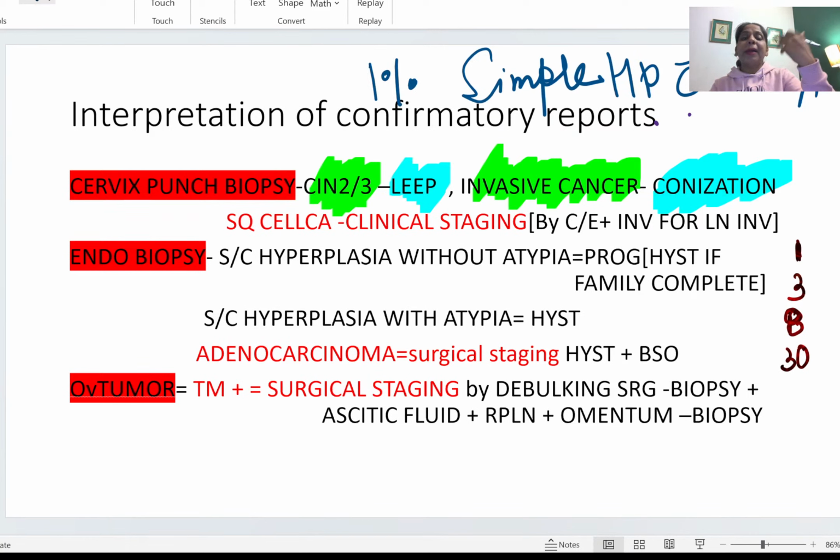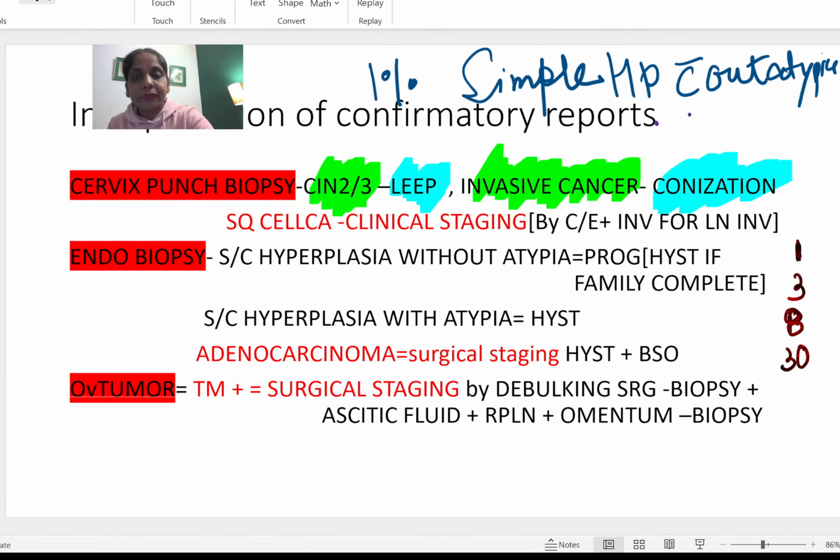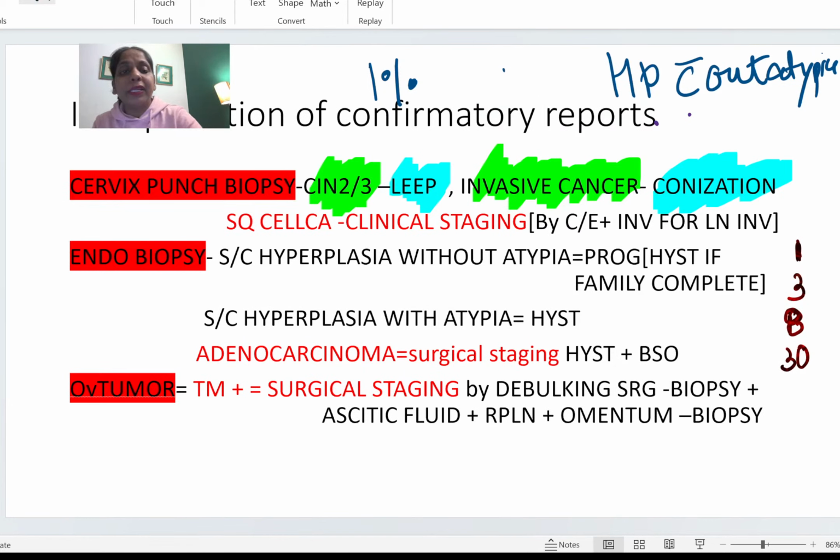The next risky pre-malignant lesion can be complex hyperplasia. Instead of simple, the hyperplasia is complex, but still atypia was not seen by the pathologist.